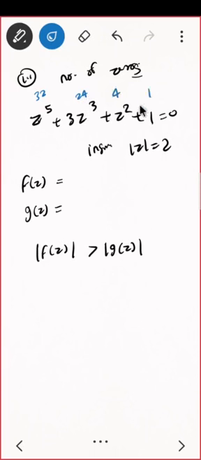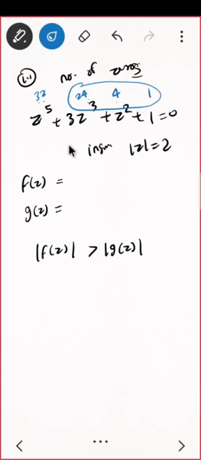What should I choose as my function f of z? This is quite clear from here. Yes, anyone? This is 32, this is 24, 4. If I add all these things, again I am always less than this 32.